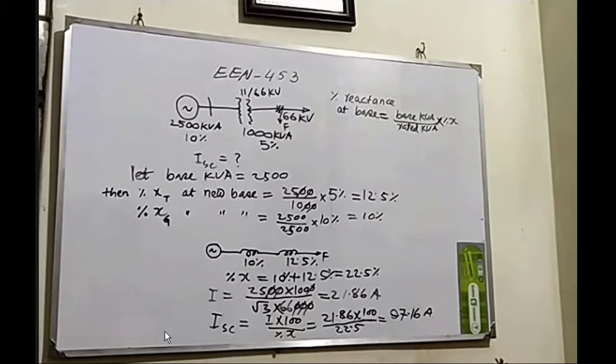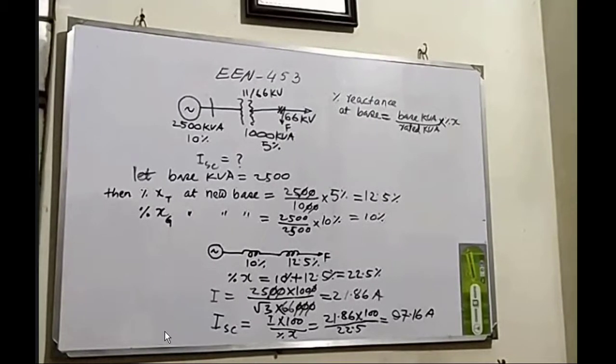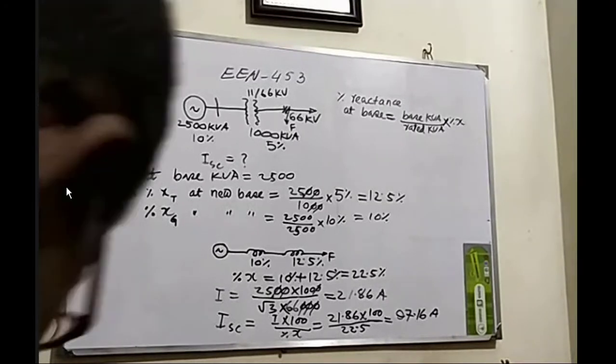You have to choose a coil in series with the system so that the short circuit current ISC will be limited to 50 ampere, and the circuit breaker will operate to open the circuit. Have you understood that problem?